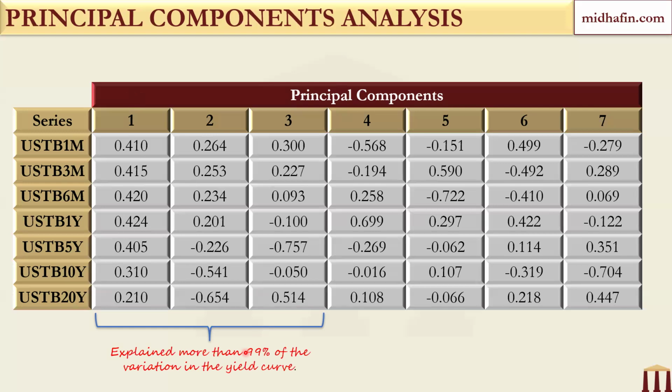So despite having seen 7 separate yields, they are not actually required. You can describe almost everything happening with just 3 uncorrelated factors. This not only simplifies your risk management and hedging, but it also tells you that most movements in yields are driven by only a few systematic factors. That's it.